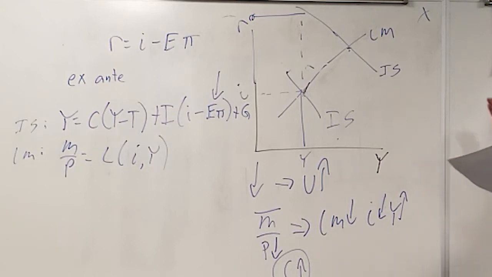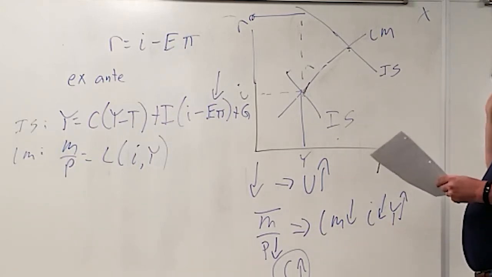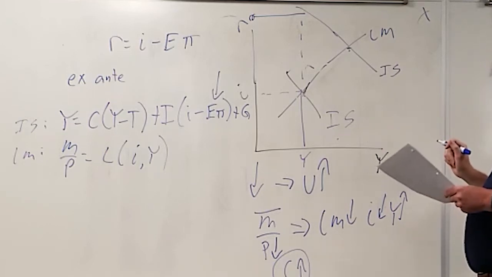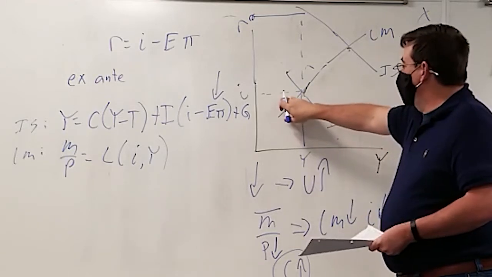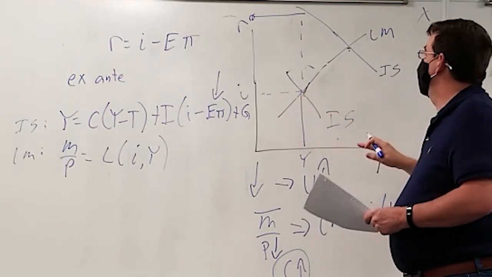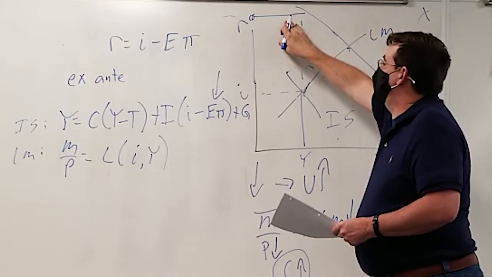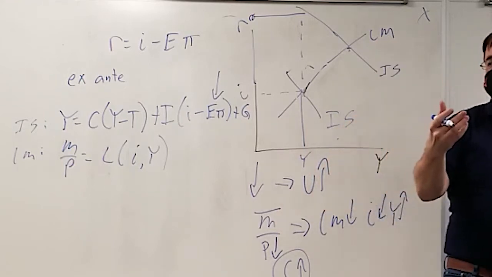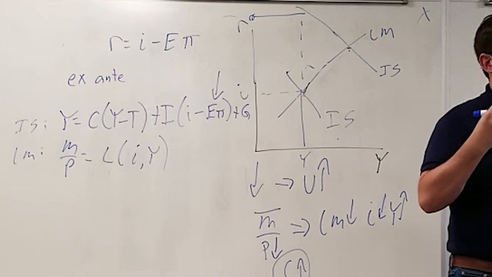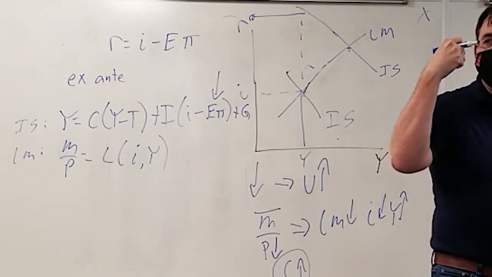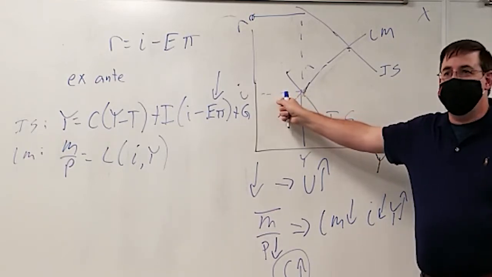That is, if an investor is involved and they expect deflation, they're going to observe a nominal interest rate that is lower, but they're going to behave as if the real interest rate has gone up, because for them to borrow during a time period of deflation would mean that when they have to pay it back, they have to pay back more than the interest rate that shows up on their contracts.